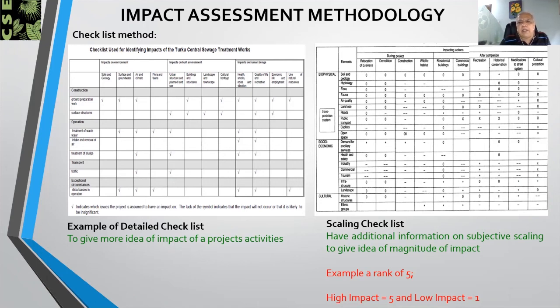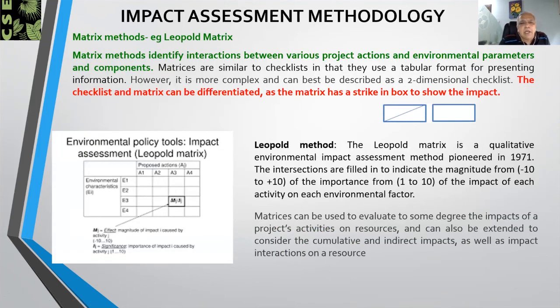Again, the impacting actions are given in the row on the top, and the physical and environmental components are given in the column to the left, and the marking is made in the various boxes accordingly.